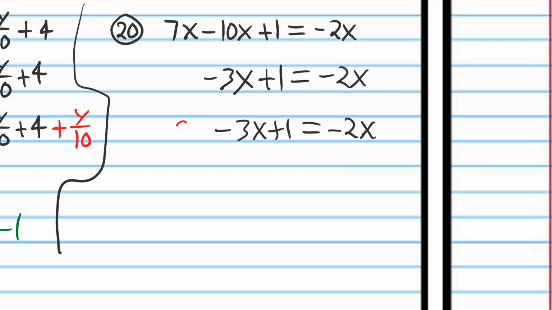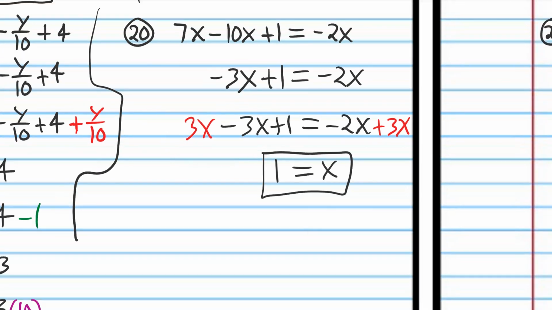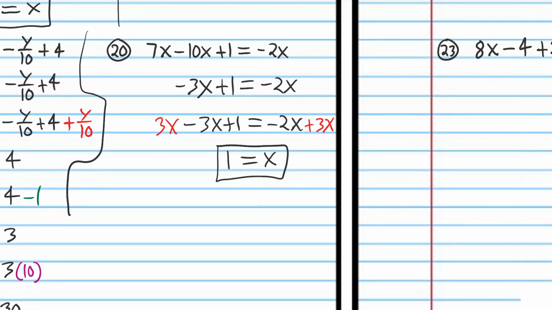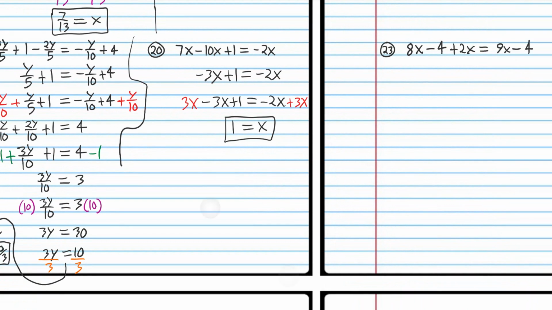So I have to rewrite the equation, and I'm going to add 3x to both sides. And that's an unusual problem, because at that point, because we have a coefficient of 1 on the x, and because all the numbers canceled out, that's our answer, x equals 1. So that was a short problem.